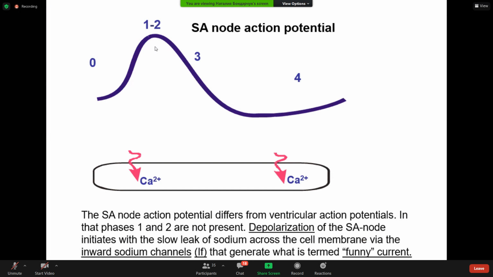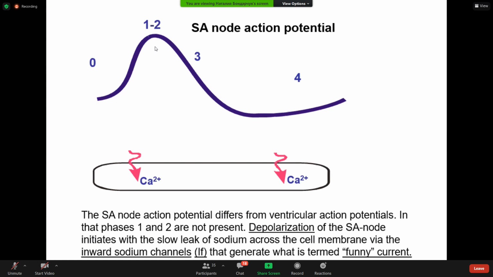Sinoatrial node action potential. So the sinoatrial node action potential differs from ventricular action potential in that phases first and second are not present. You see here, I put them together.